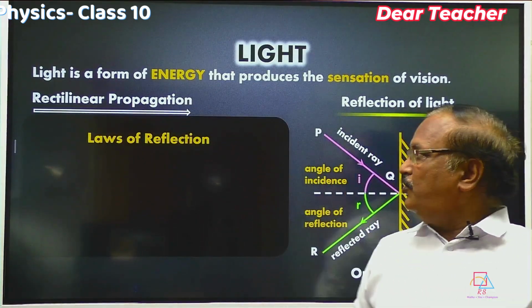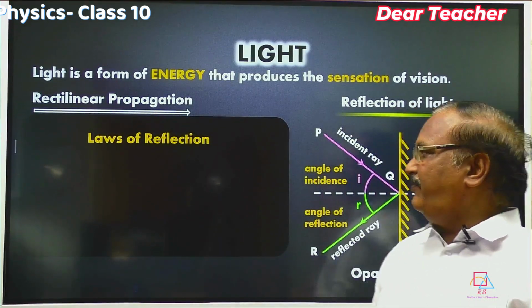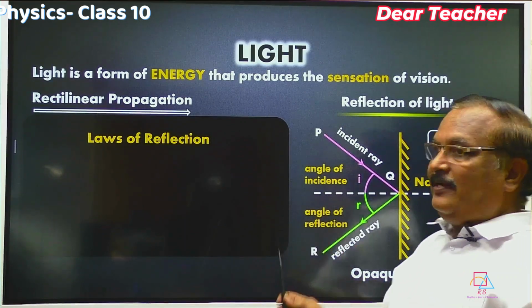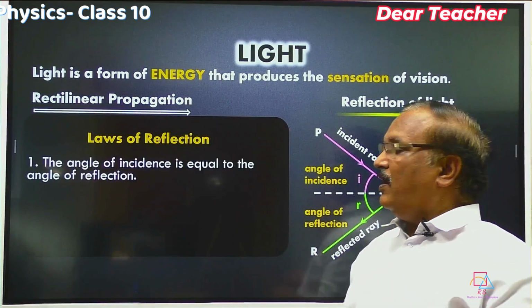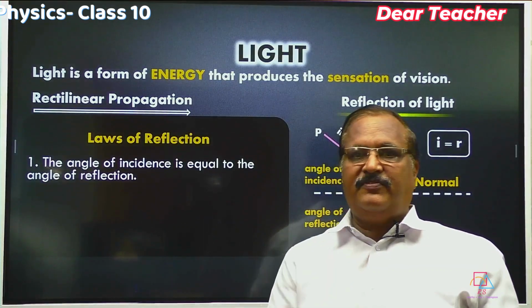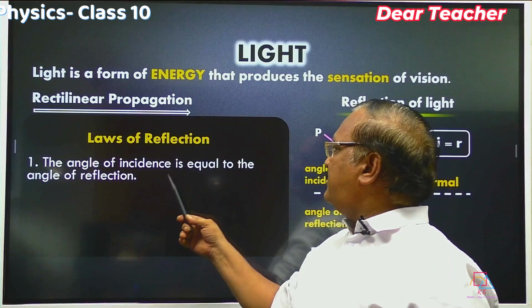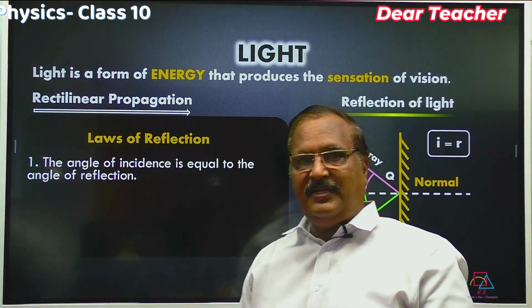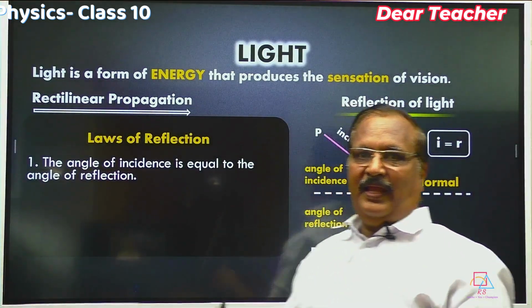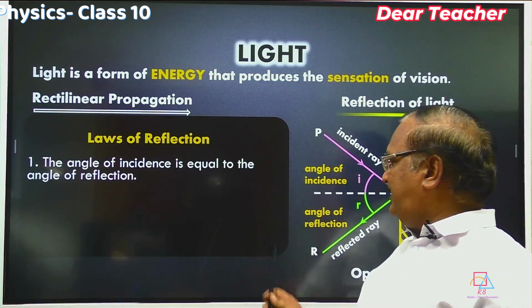Now let us know the laws of reflection. From this diagram, let us understand what the laws of reflection are. There are two laws of reflection. The first law is the angle of incidence is equal to the angle of reflection, as I already said. This is the first law.